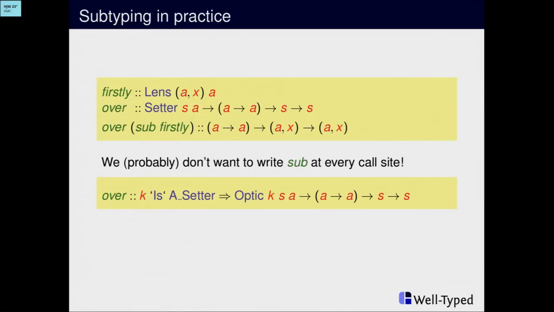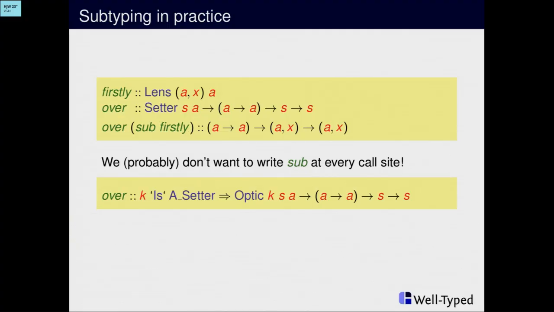So to do that, one way of making that possible is to generalize the type of over slightly, so that rather than saying it takes a setter, we can say it takes an optic k, subject to the class constraint that k is a setter.